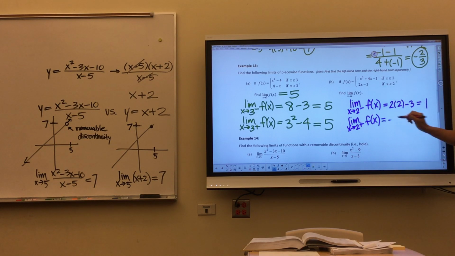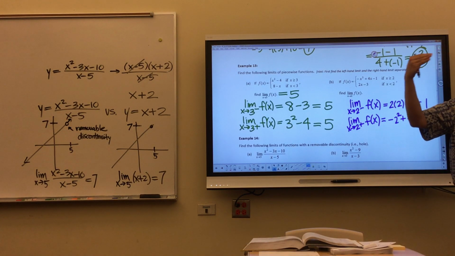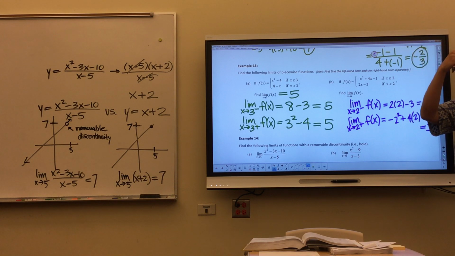Minus x squared plus 4, the quadratic piece. So that's negative 2 squared plus 4 times 2 minus 1. And that equals negative 4 plus 8 is 4 minus 1 is 3. Uh-oh. On one side it's 1, on the other it's 3. So what's happening on the graph? There is a jump. So this limit does not exist.